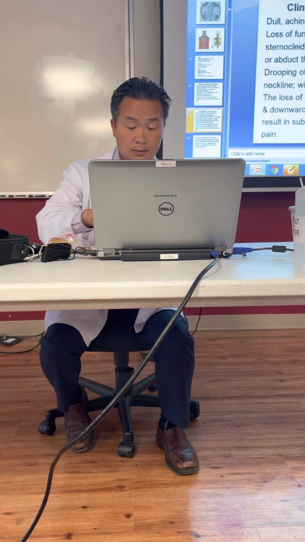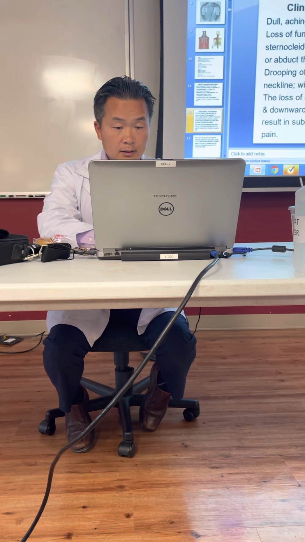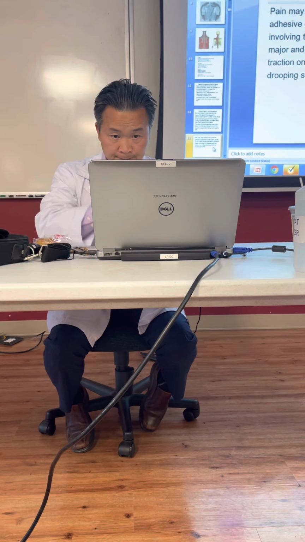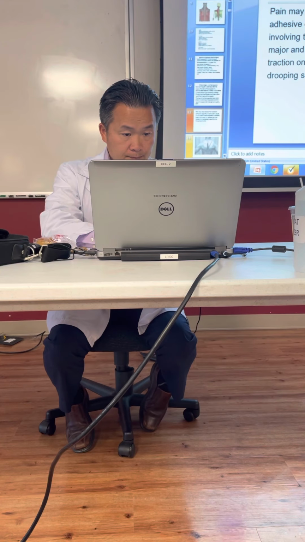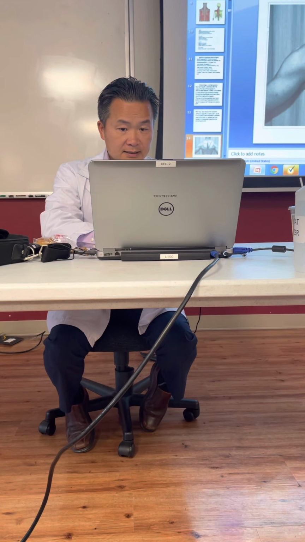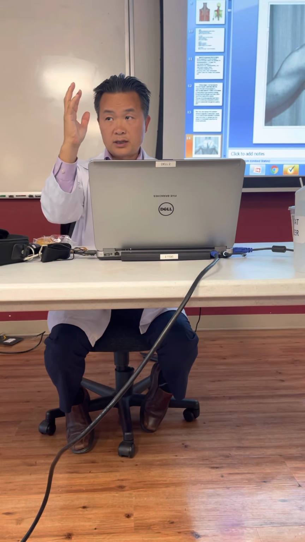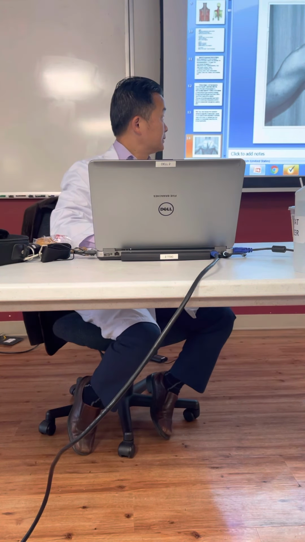And then people with spinal accessory nerve damage also have winging of the scapula. So what is winging of the scapula? This is the winging of the scapula. You see this? Because of the damage to the spinal accessory nerve, the trapezius muscle is weak, then the shoulder will droop down and also turn out.